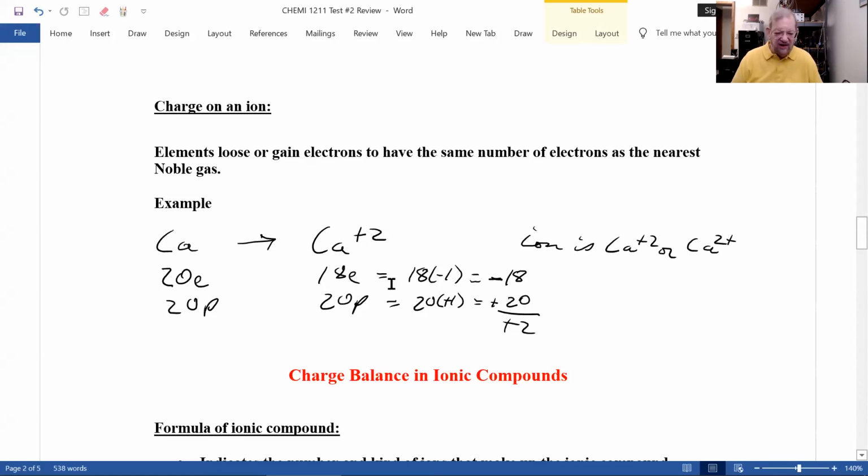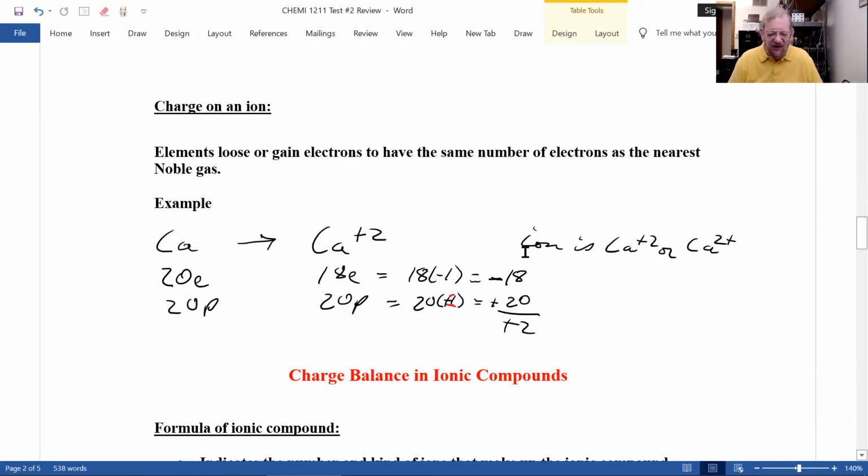And remember, each electron is a -1 charge. Each proton is a +1. But anyways, 18 times -1 is -18. 20 times +1 is +20. Add them together, +2.